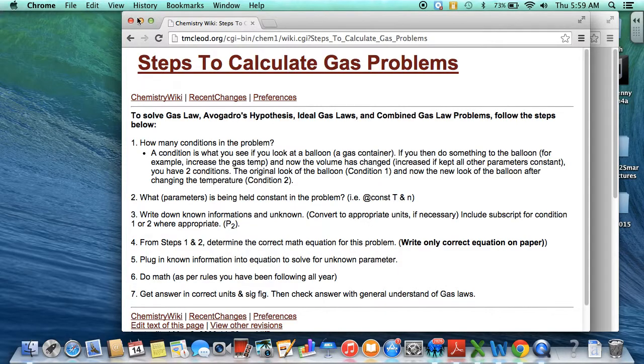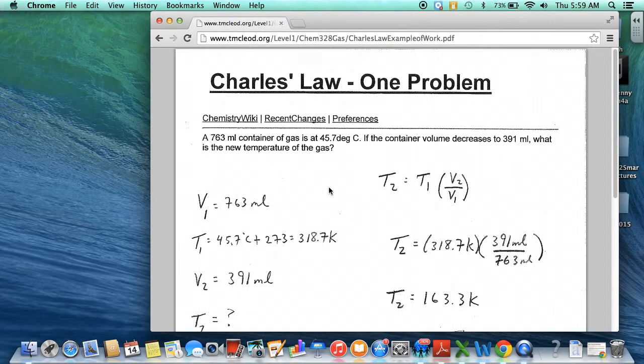So let's look at Charles's law specifically. Charles's law says that if you hold pressure and the number of moles constant, how do temperature and volume vary?